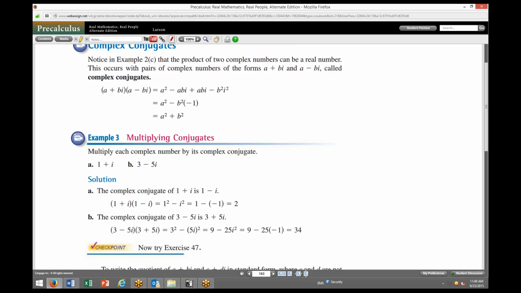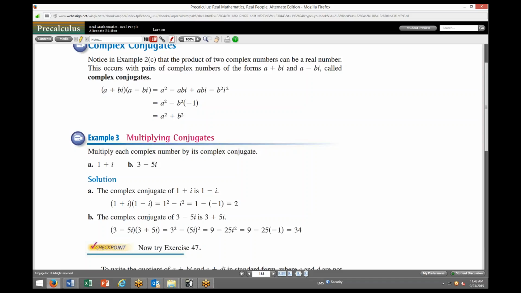If you did, for instance, the complex number 7 minus 4i, and you want to know what that times its conjugate is, it's going to be 7 minus 4i times 7 plus 4i. But the two coefficients are just 7 and 4.